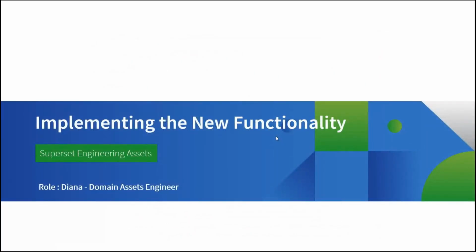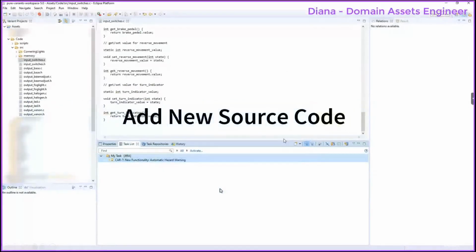Then let's have a look at how Diana, the domain access engineer, will deal with the new task of implementing this new functionality. Here, let's assume that Diana is a developer. So Diana will be responsible for adding new source code of this new functionality into the superset source code.